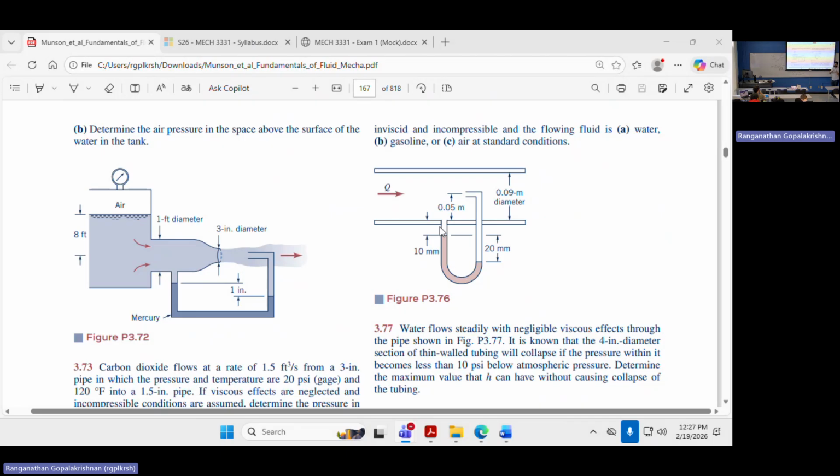If you are able to set up the main equation in terms of the density of the incoming fluid, then you vary the density to get the flow rate for air, gasoline, water, any other. If you know the pitot tube equation, it's very easy. You can just write that equation and move on. If you don't know, I'll show you quickly how to get there without memorizing anything. Are we good? Can we move?